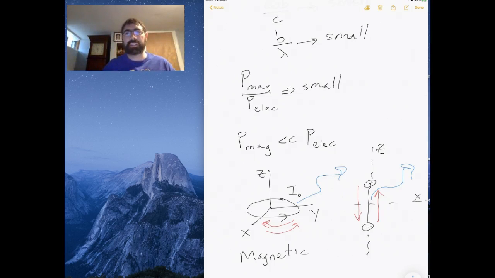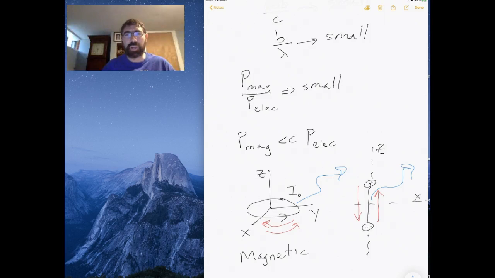But what we find is that the electric case produces more power than the magnetic case, which is something to consider if we want to actually do something useful with these, as opposed to just studying them theoretically.